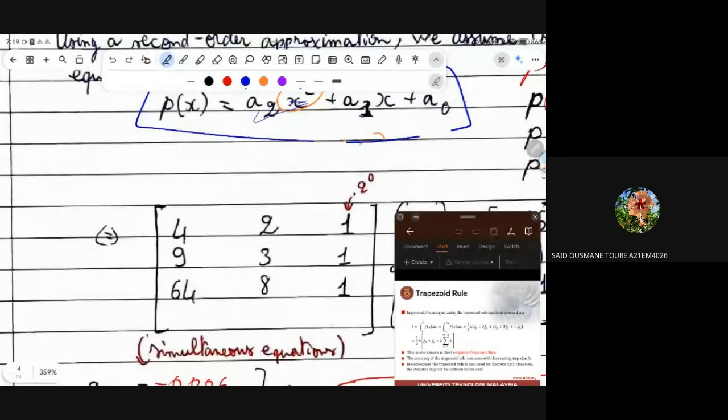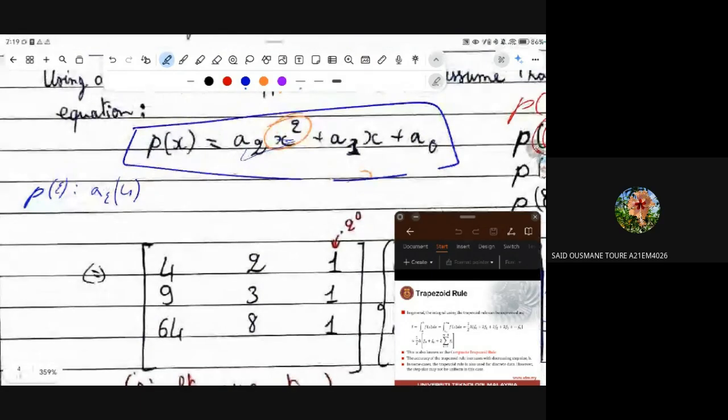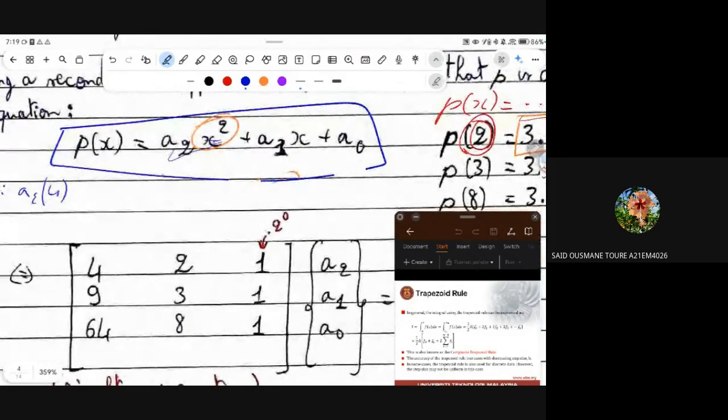So here you have the equation, for example, rho of 2. You have the equation of A2 times 4, because here is x squared, right? 2 to the power of 2 equals 4. Right or wrong? Yes. Okay. So here A1 times what? x or x squared?